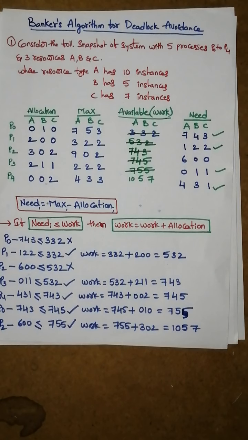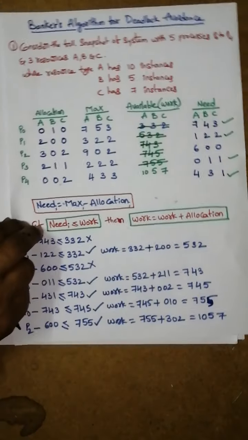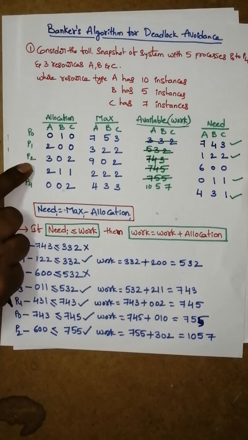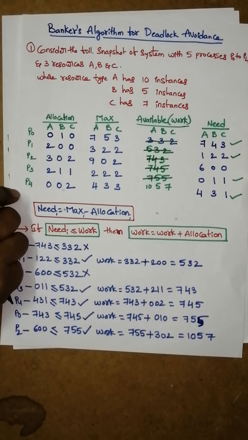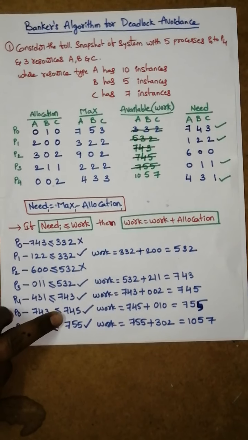Whatever resources I gave to all 5 processes, they have completed their execution and gave back their resources. This shows that you got back all the resources and everyone completed their execution and released their resources. So this is like Banker's algorithm.